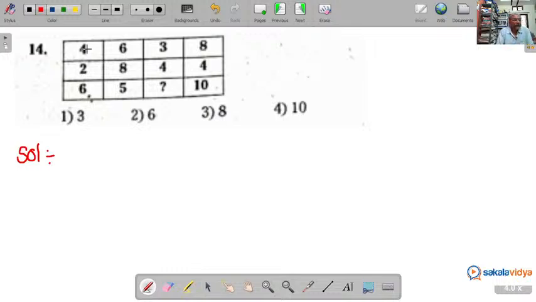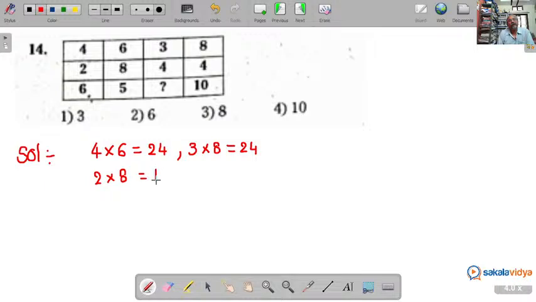So let us verify. In the first row, the product of the first and second column elements, 4 into 6, is 24. In the similar manner, 3 into 8 is 24. Clear? Let us try the second row: 2 times 8 is 16, 4 times 4 is 16.